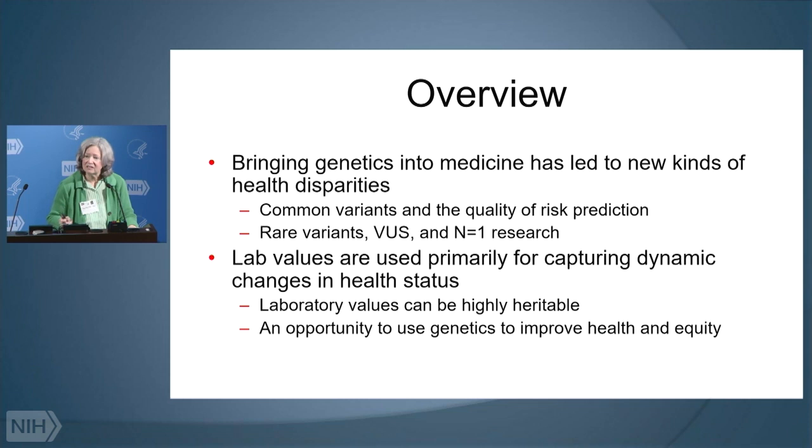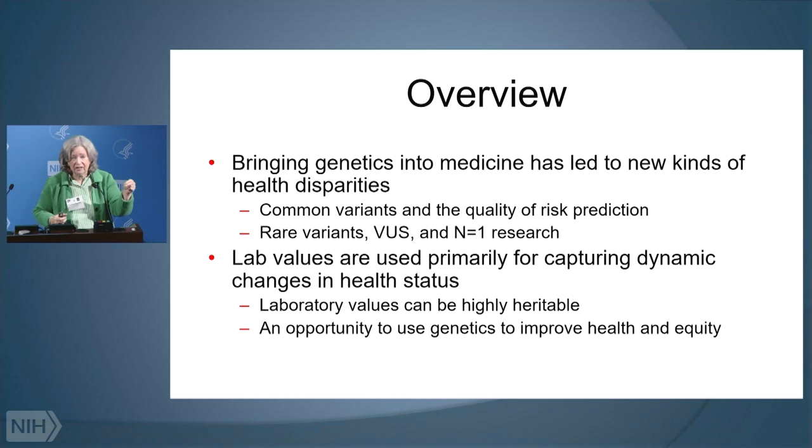But the problem is that these laboratory values are more heritable than physicians realize, and especially the ones that are old and more general indicators of health than specific indicators of particular disease.